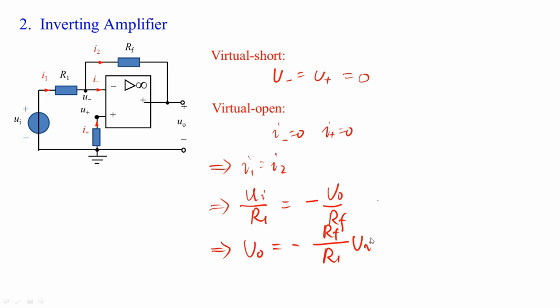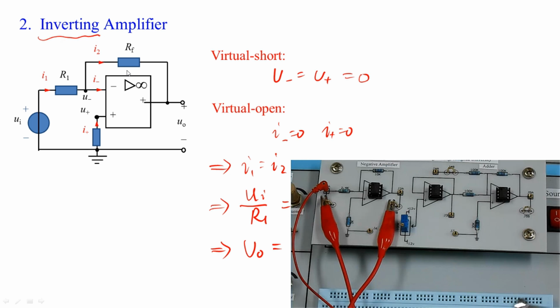The proportion coefficient between the input and output is negative. That's why it's called the inverting amplifier. Now we use an experiment to verify the function. We can also discuss other important notes in the experiment.